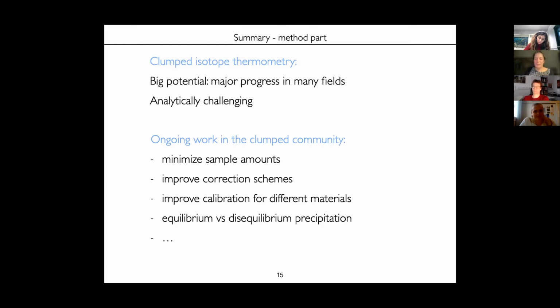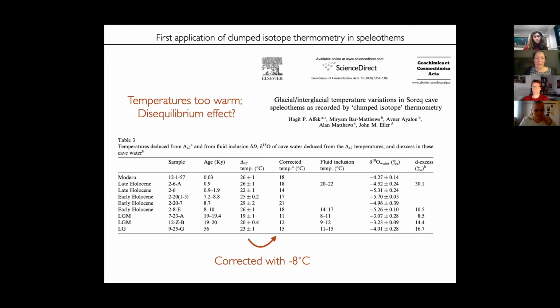So to move to speleothem applications, I want to start with the first application that was done when this method was still very fresh. There was a lot of excitement about applying this to speleothems and getting this direct temperature information. And the first study was unfortunately a bit sobering in that respect.